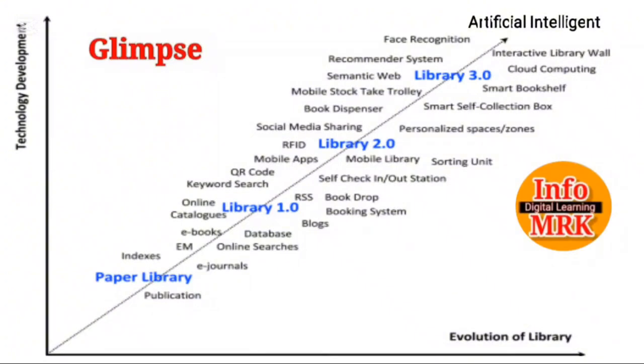After that, Library 2.0 was introduced. At this time, RFID technology, mobile applications, QR codes, self check-in and check-out systems, and mobile libraries were used. In the Library 3.0 era, social media increased, along with semantic web applications, mobile stock-taking trolleys and recommendation systems, self check-in and check-out boxes, and smart bookshelves.